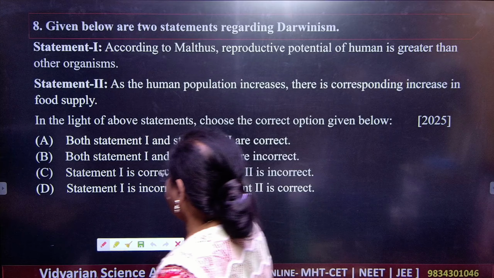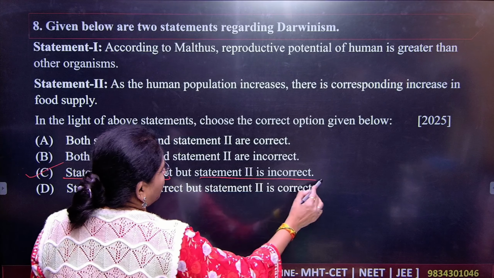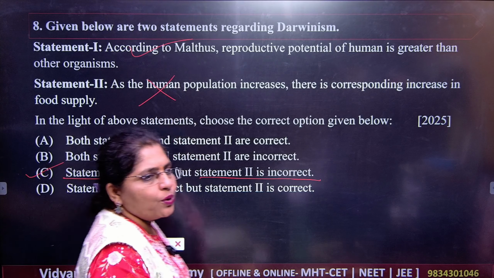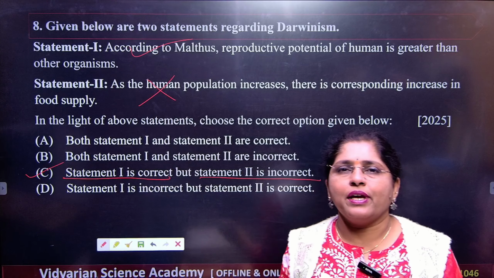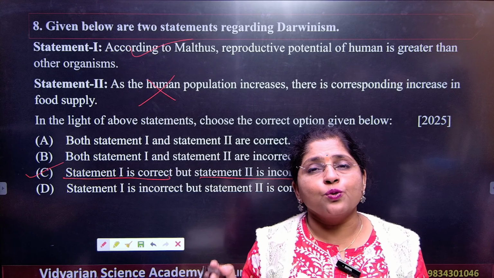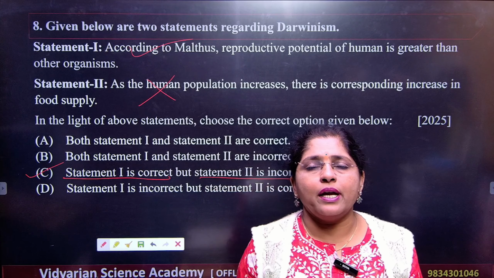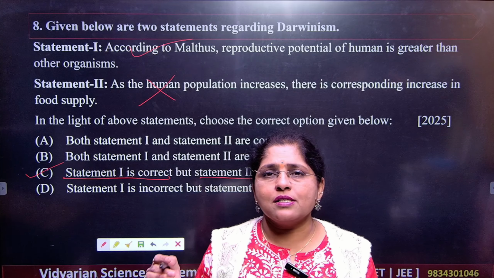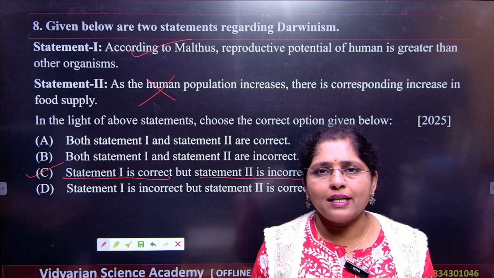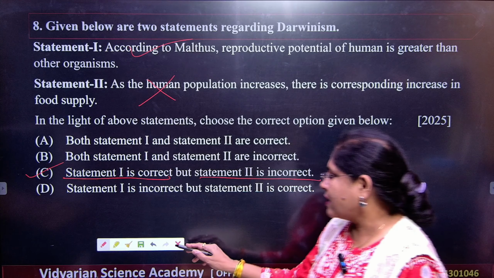What do you think here? Statement one is correct and statement two is incorrect. So you should know all the details very intensely. Read the topic word to word and carefully, because students, origin and evolution of life is totally theoretical. So please remember all the highlighting points. So C is the correct answer.